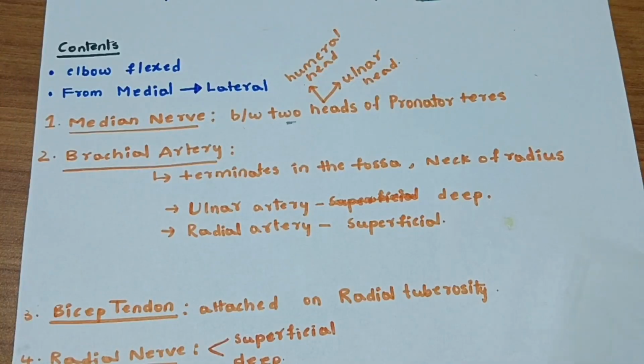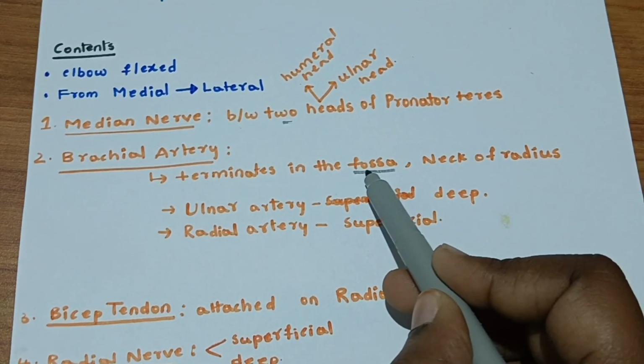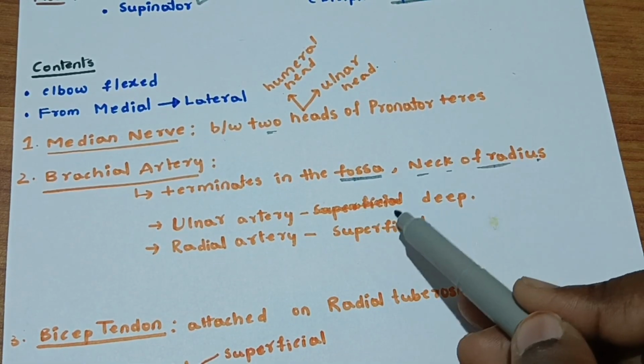And the second content is the brachial artery. It is a continuation of the axillary artery and divides into the ulnar and radial arteries at the level of the neck of the radius. So it terminates in the fossa, at the neck of the radius, by dividing into radial and ulnar arteries.